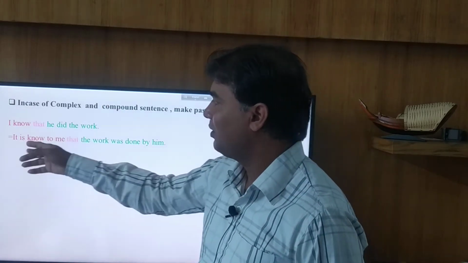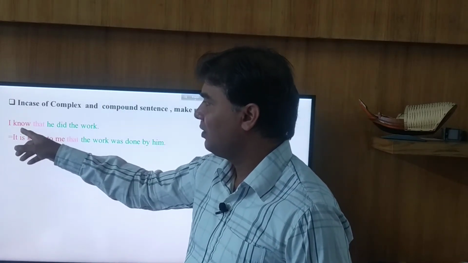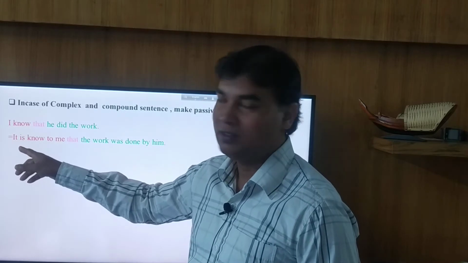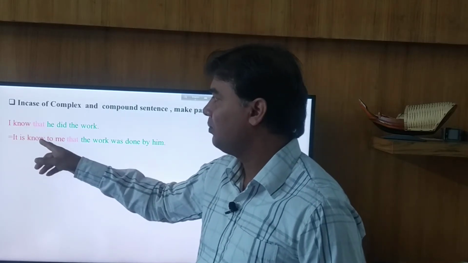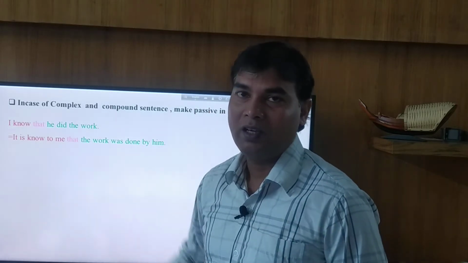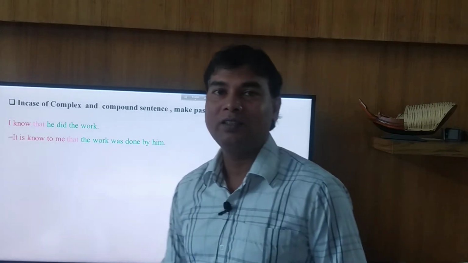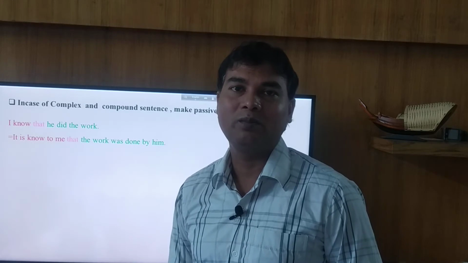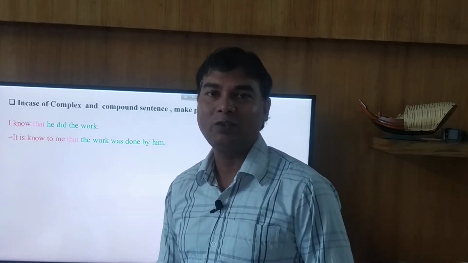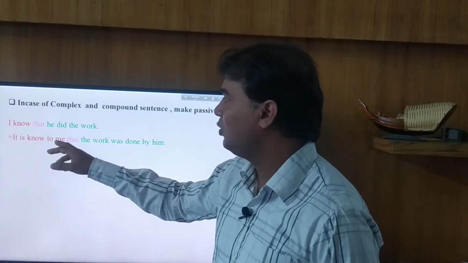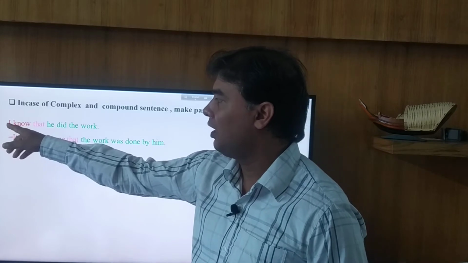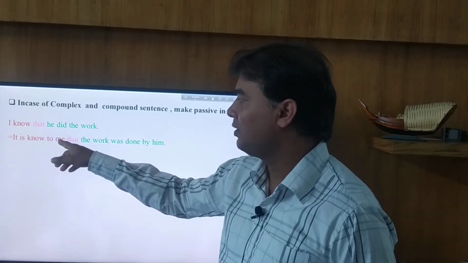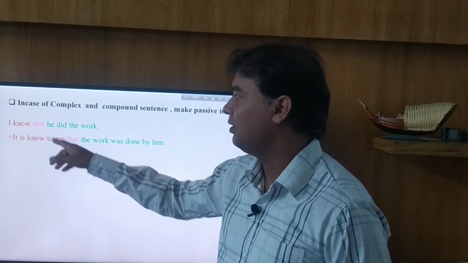Now do it. According to tense, the auxiliary verb is is, and the past participle of know is known. You should know that if you find know, then you can't use the preposition by. So here you should use to. So it is known to, then make I objective case, me: it is known to me.